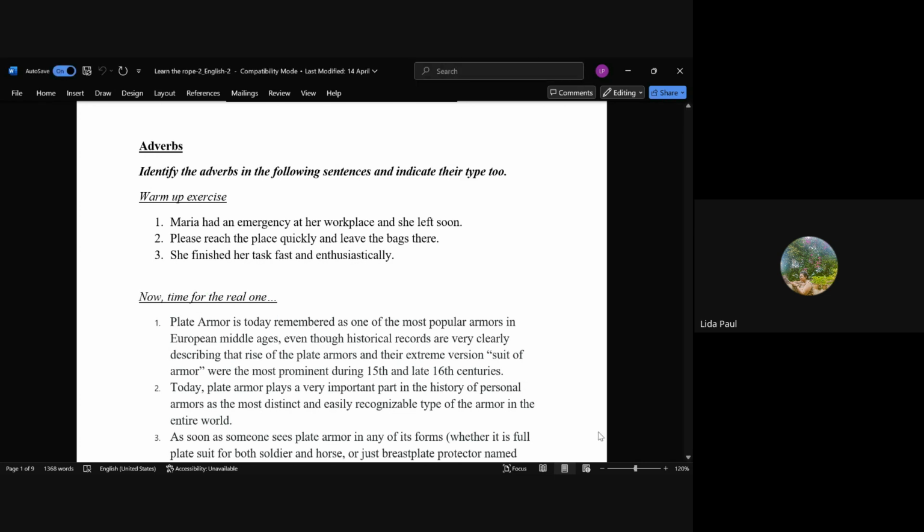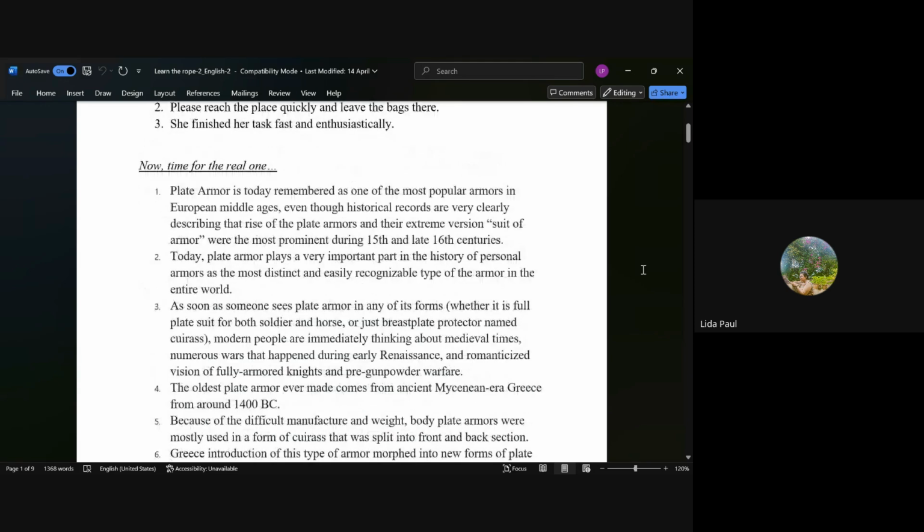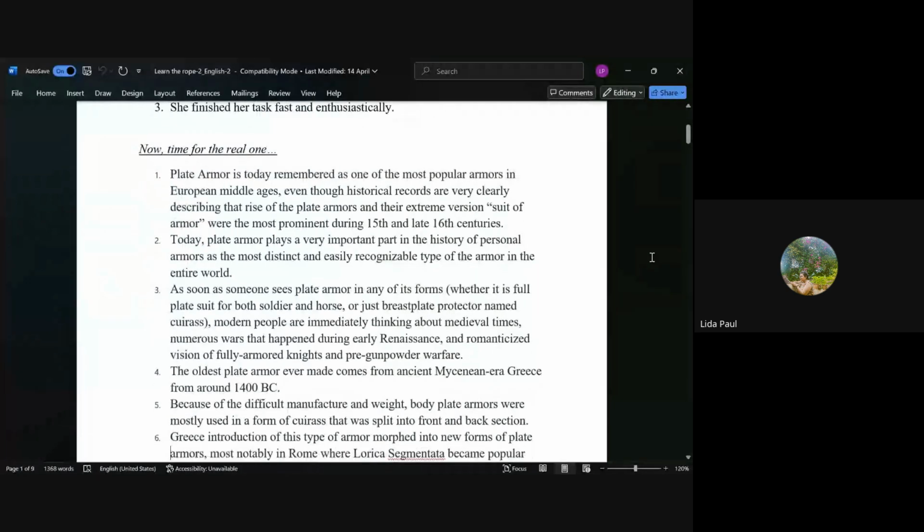Okay, all right. So short sentences are done. Now, what you have is basically a paragraph, but I have split it into different sentences, so that every sentence can be jotted down separately and it's easier for you to analyze. Otherwise, it's a huge chunk of paragraph. We are going to do the same exercise on this paragraph as well. So we are going to pick out some adverbs in this, look for adverbs.